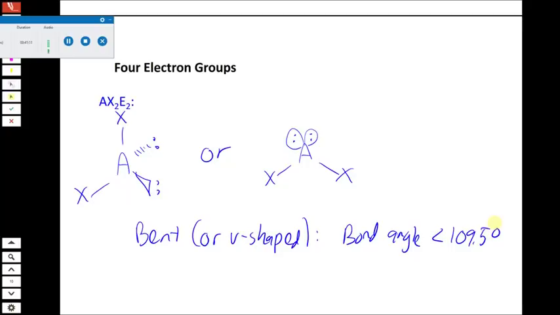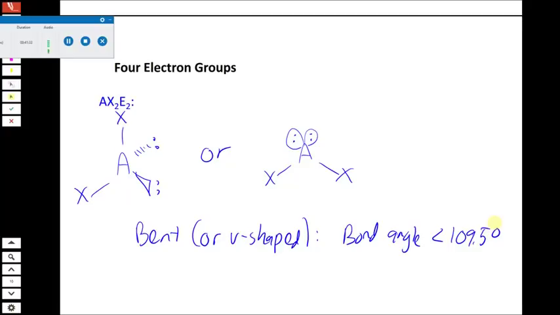The only difference would be the bond angles. In AX2E, they're going to be closer to 120 because it's derived from the trigonal planar geometry. In AX2E2, the bond angles will be closer to 109.5, even smaller than what you get in the other one, because they're derived from the tetrahedral geometry. So some slight differences, but still broadly classified as a bent geometry.